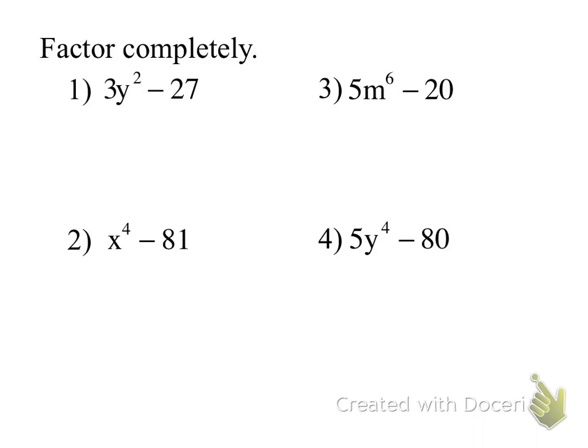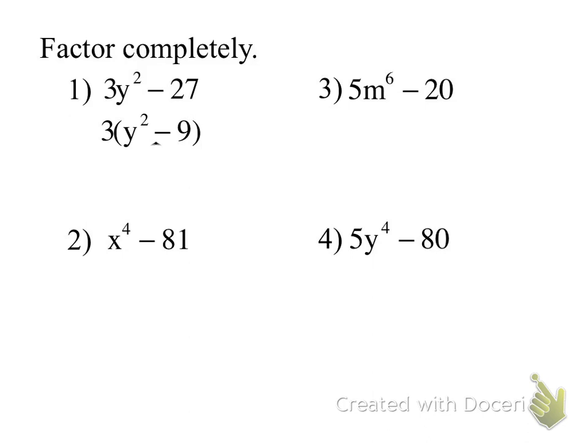So it would be 3 times y squared minus 9. Both are perfect squares in the binomial. Now what would happen next? 3 times y minus 3 times y plus 3. That's correct. y minus 3 times y plus 3.